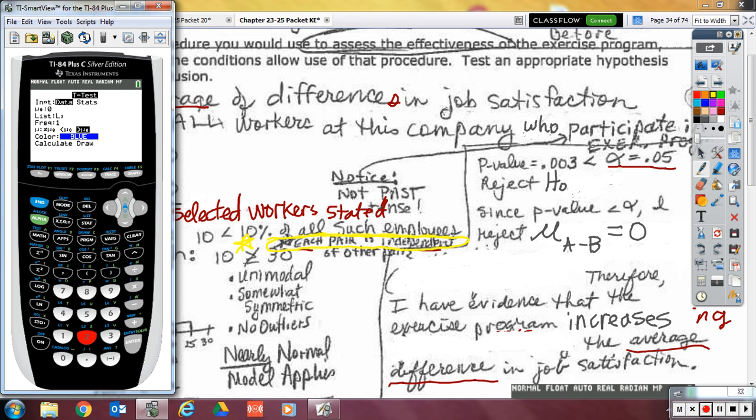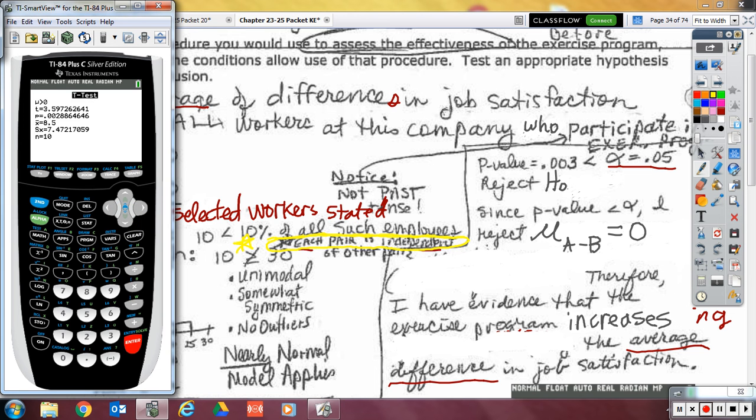Here we have our information under data because we put it in the list. Okay? The null hypothesis is 0 because it was about a 0 difference. And which list of data am I interested in? L3. So make sure that that says L3. Our frequency is 1. Your tail is greater because we wanted to see job improvement, and we're calculating.